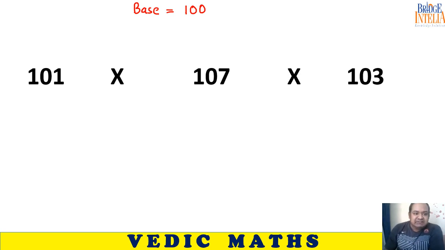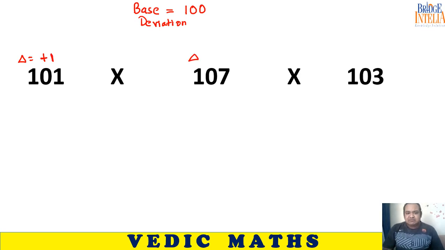Now let us find out the deviation for each of these numbers. What is deviation? How much any number is greater than or less than the base, that is known as deviation. So here 101 is 1 more than 100, so the deviation is plus 1.